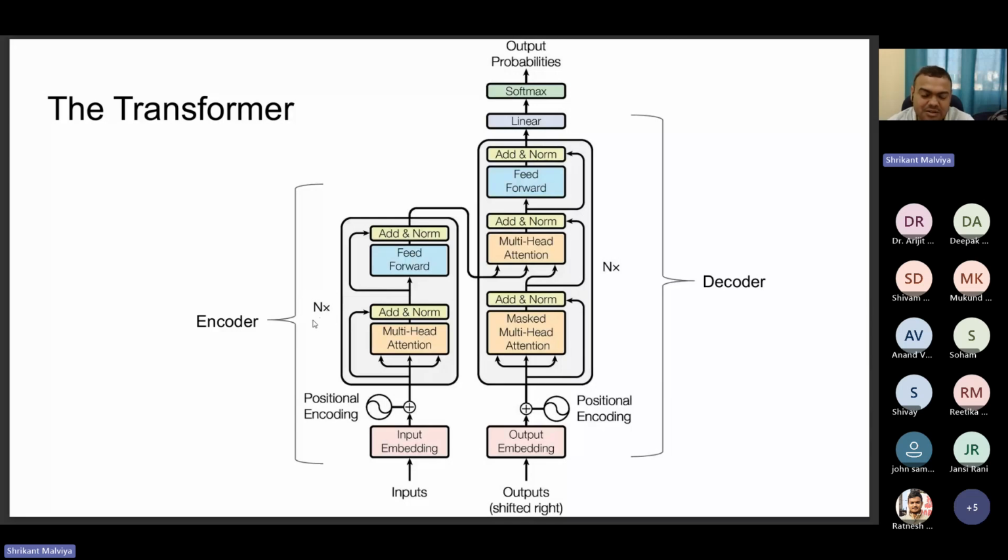Okay, depending on the resources that you have, the amount of GPU which will be required to accommodate all those weights, you can define the number N, meaning the number of encoders in the entire encoder.